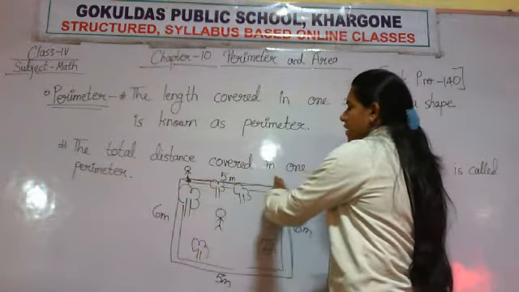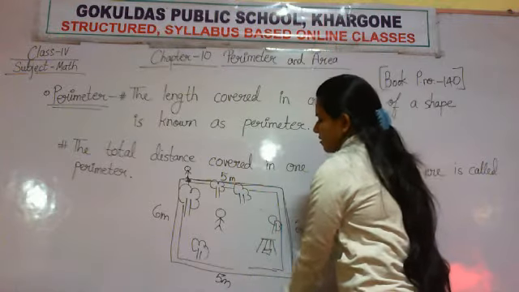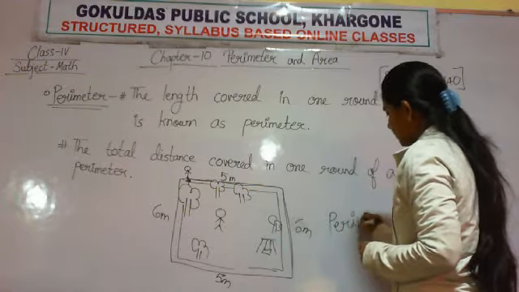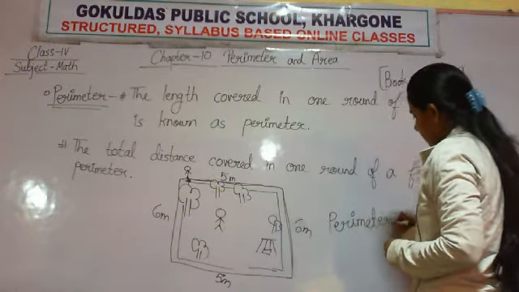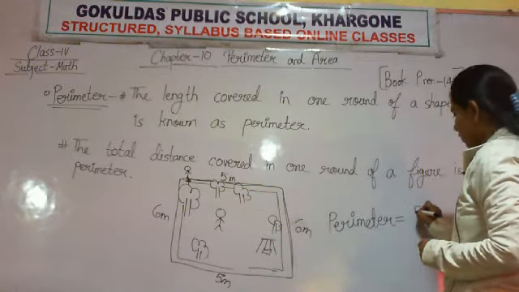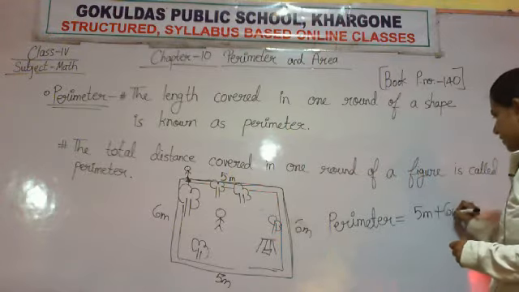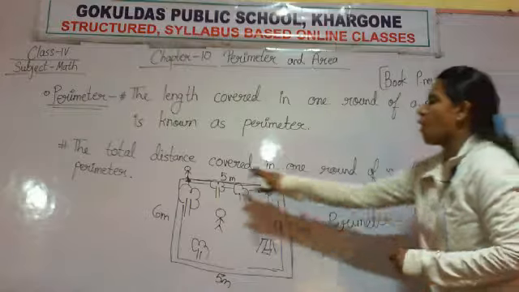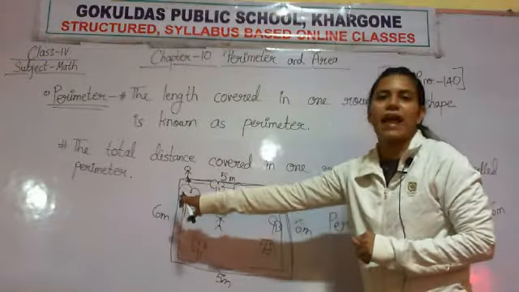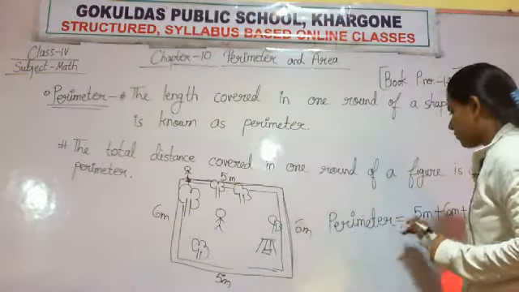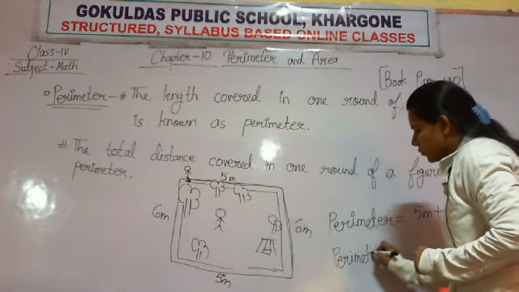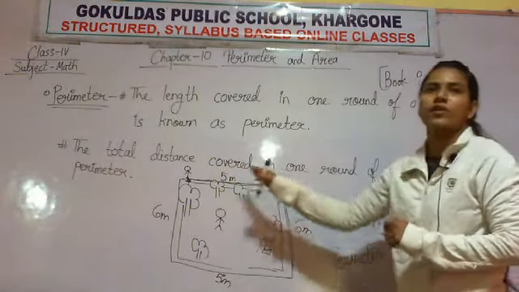You will add this 5 with 6, then 5, then 6. Means perimeter will be equals to 5 meter plus 6 meter plus 5 meter plus 6 meter. All these lengths you will add them up to get the perimeter.